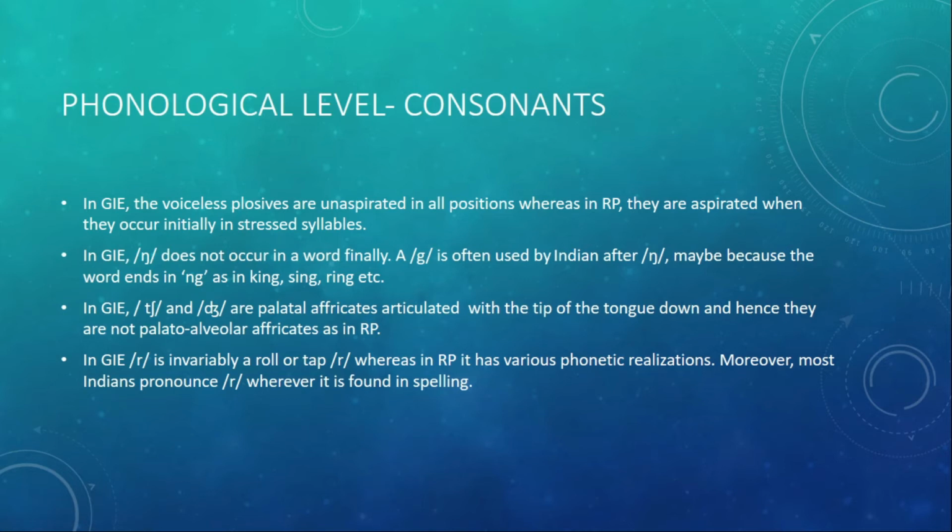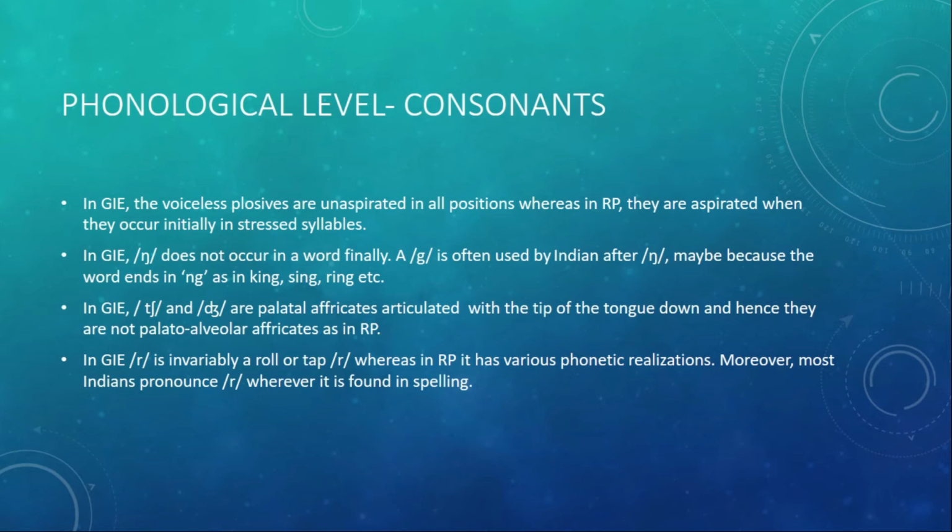So he will end up pronouncing these words as king, sing, ring, etc. So that can be noted. In GIE, ng does not occur in a word finally. Before the g, we have a tendency to add n too.